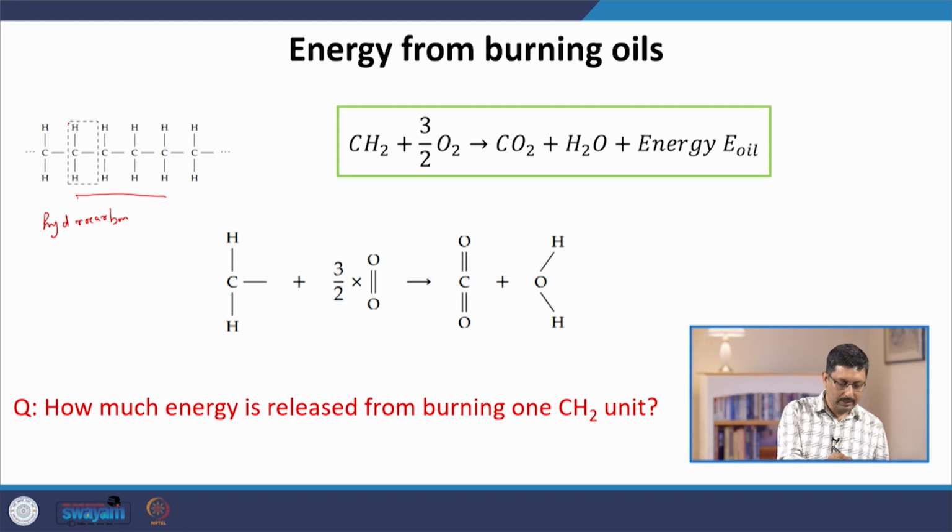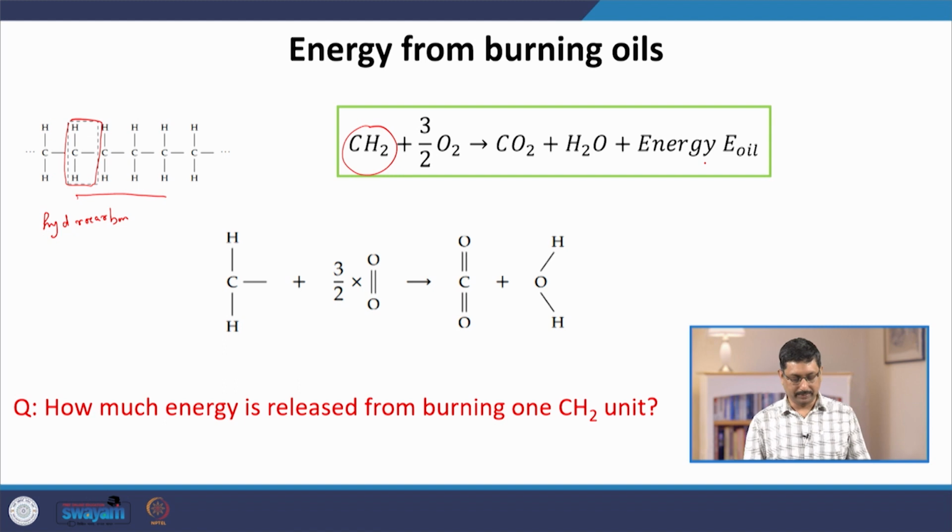So, let us take this particular unit, one unit of what is called the CH2 unit, which is repeating in this molecule. It combines with oxygen, and this factor of 3/2 comes from balancing the equation on both sides, and it produces carbon dioxide and water vapor and releases energy, which we call epsilon oil.